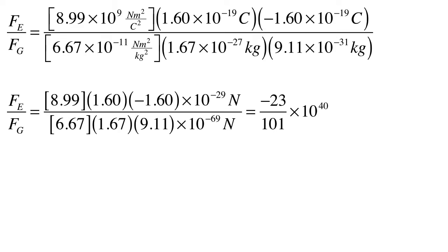Well, let's keep going. The denominator, similarly, we got that. There's nothing to do about that 10 to the minus 69, although we're going to put it up on top eventually here. But the numeric part, 6.67, 1.67, 9.11. So verify that. That should come out to 101 approximately.